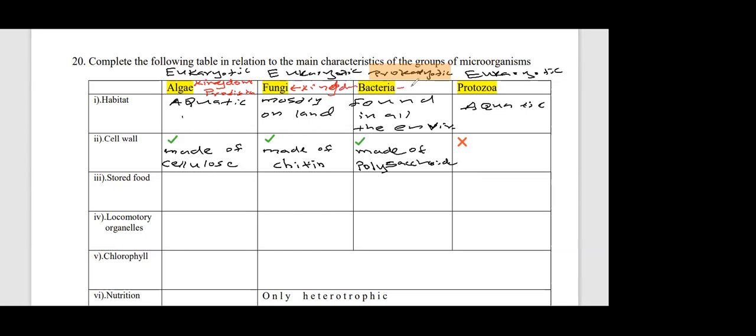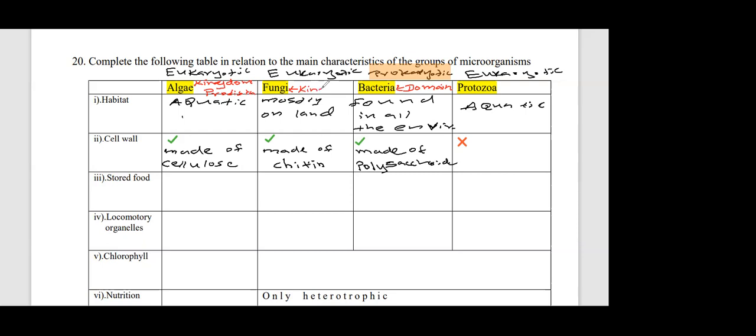Then bacteria is not a kingdom, it's a domain. Domain bacteria. We don't call it kingdom bacteria, it's domain bacteria. Understood? Fungi, that's a kingdom, a separate kingdom.